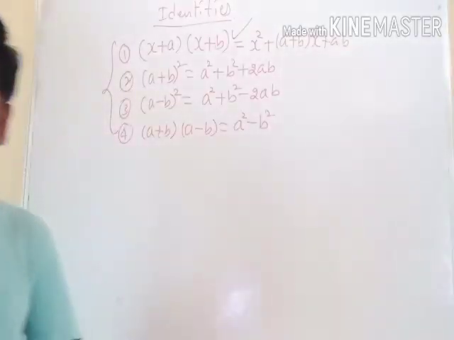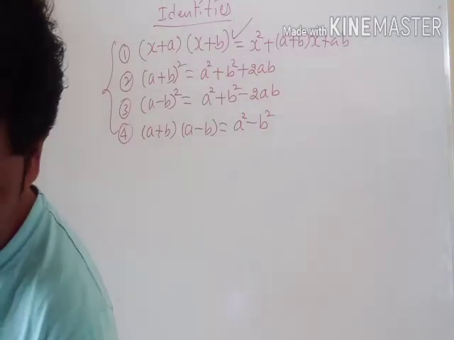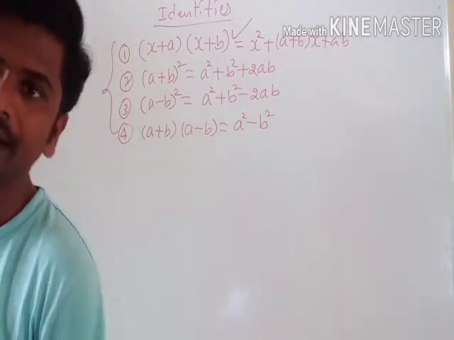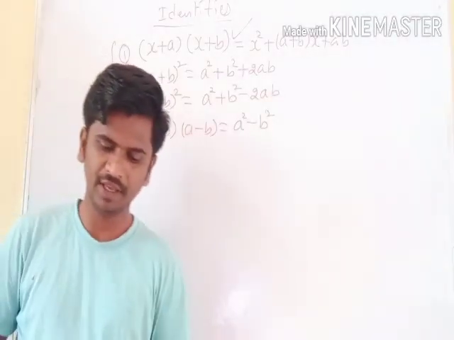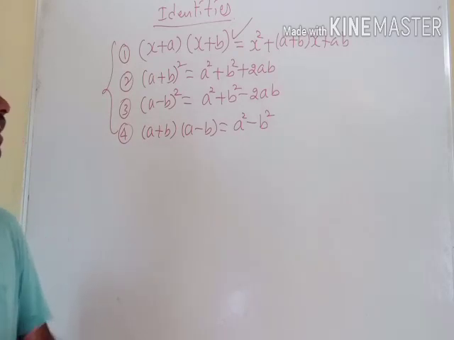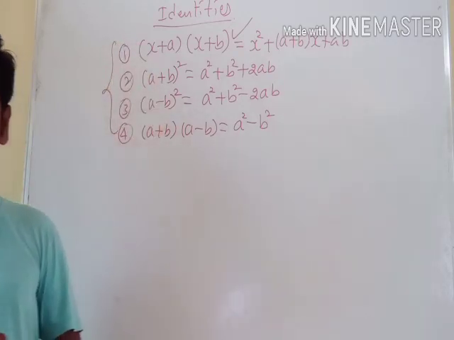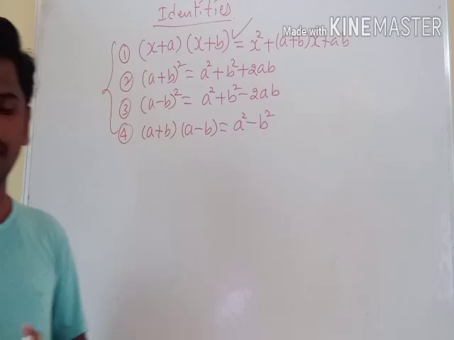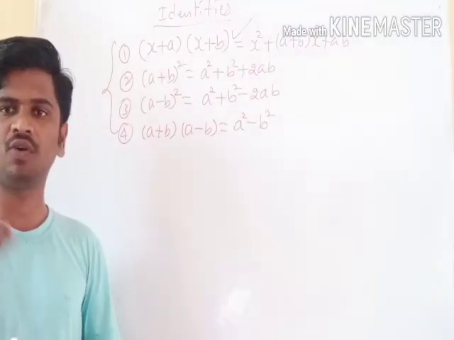These special products are called identities. Then how can we define an identity? It means an identity is an equality which is true for every value of the variable.